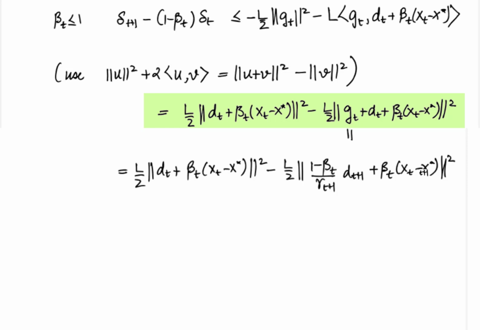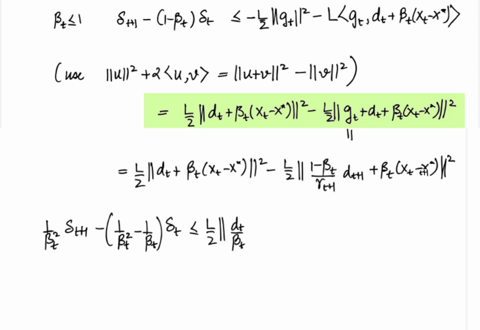Then we have that (1/β_t²)Δ_{t+1} − ((1 − β_t)/β_t²)Δ_t is less than or equal to (L/2)‖d_t/β_t + x_t − x*‖² − (L/2)‖((1 − β_t)/(γ_{t+1}β_t)) d_{t+1} + x_{t+1} − x*‖².